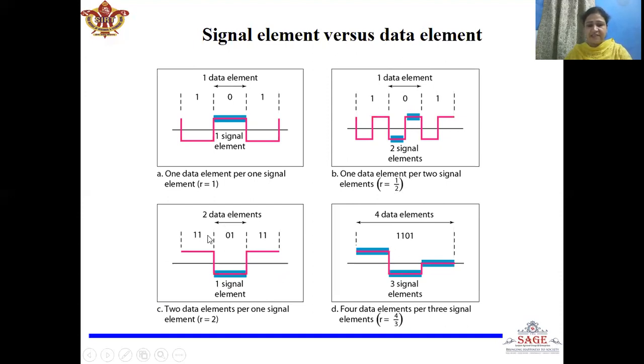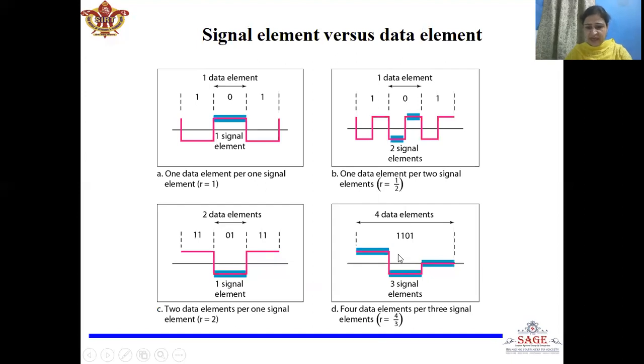Now here we can see that our data consists of two bits, that is 1, 1, 0, 1, and so on. Here 0, 1 is represented by a low voltage level. So in this case, the data elements consist of two bits, whereas the signal element is 1. So there are two data elements per one signal element. So small r is given as 2.